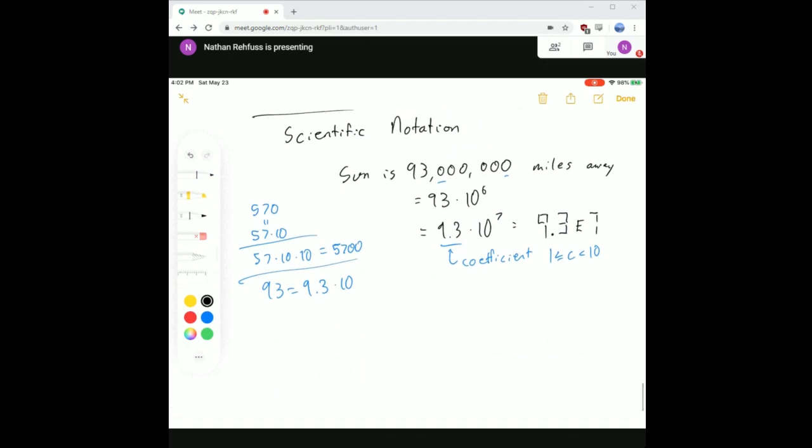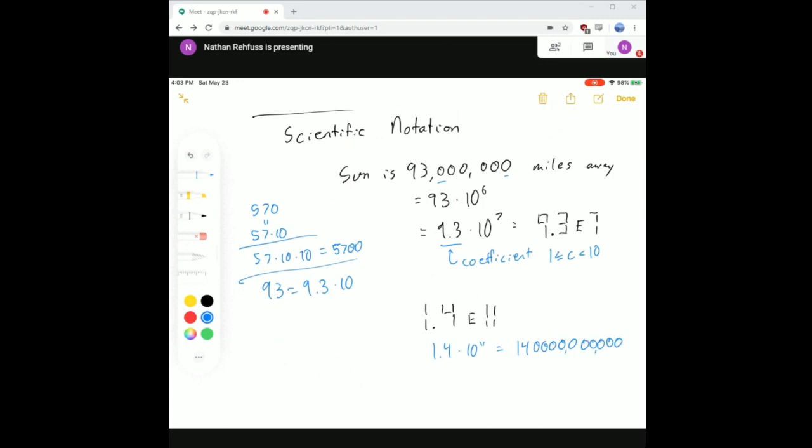So if you're working a math problem and your calculator says that the answer is 1.4 E11, well, that's really the same thing as 1.4 times 10 to the 11th, which is, well, the first 10 changes it to 14, and then there's 10 more 10s, so this 14 is going to get 10 zeros.